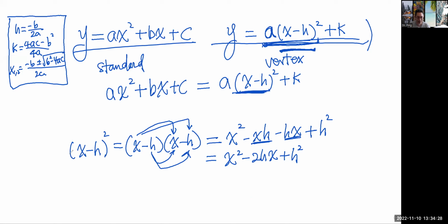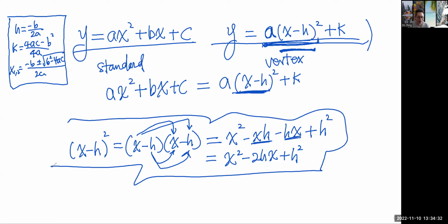Once you go through this process, you'll understand why. So we have that, then we can plug it into this equation. So it's a(x squared minus 2hx plus h squared) plus k.